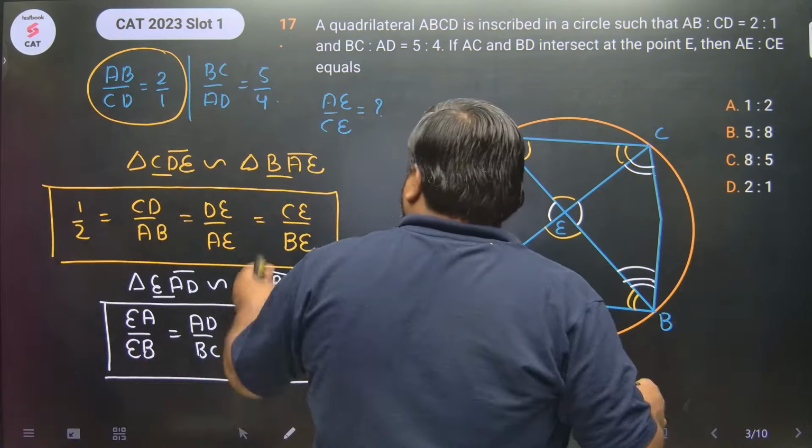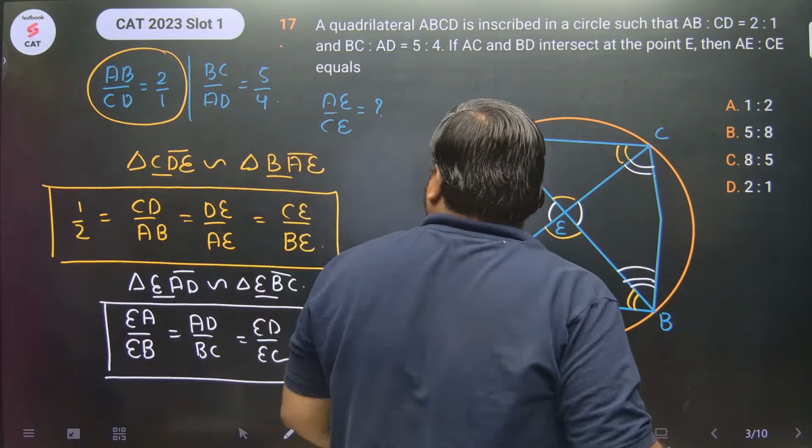I am looking for AE upon CE. So I can write AE upon DE, which is 2 by 1, and DE upon EC is 4 by 5.